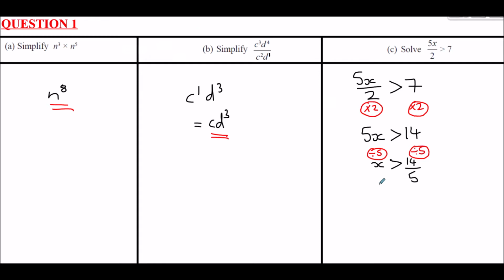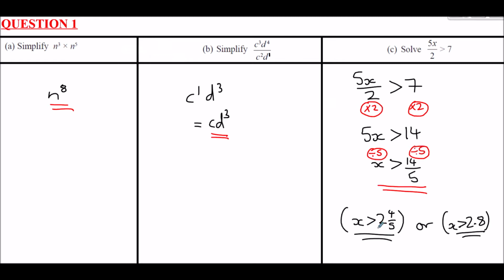So the answer is x has to be greater than 14/5, which is also fine if you write x greater than 2 4/5, or if you're a decimal person, you could have also put x greater than 2.8. So any of those answers is validly written.